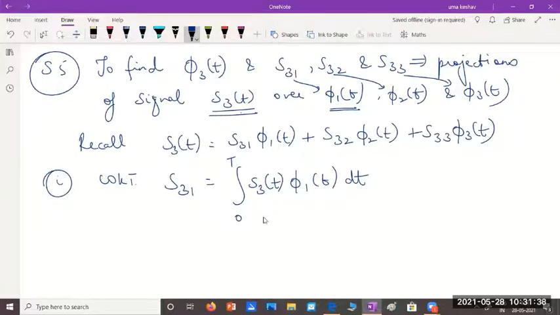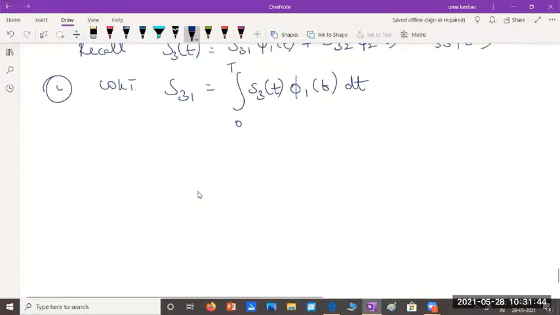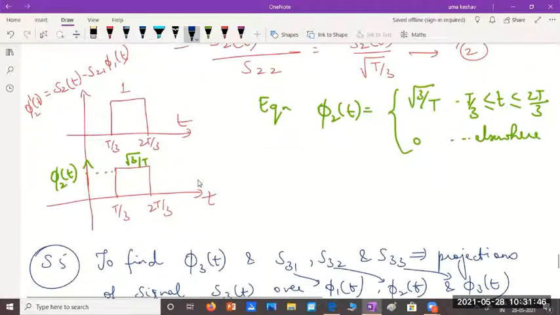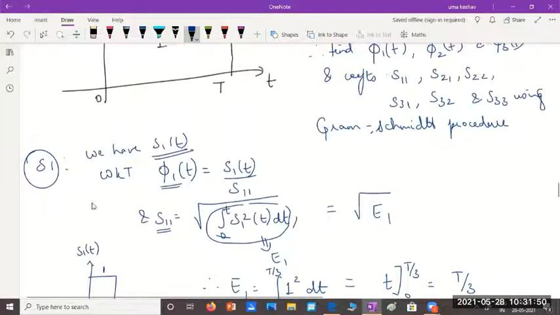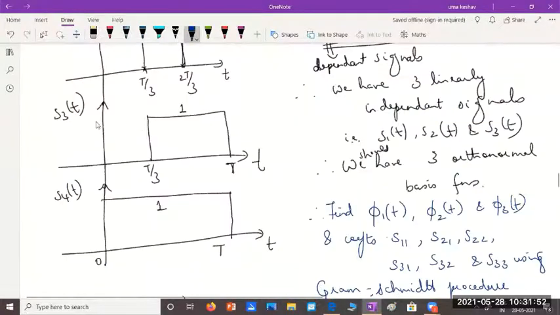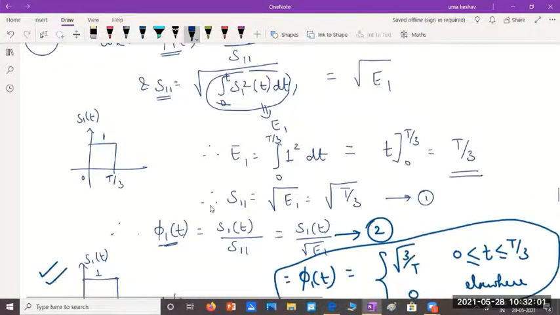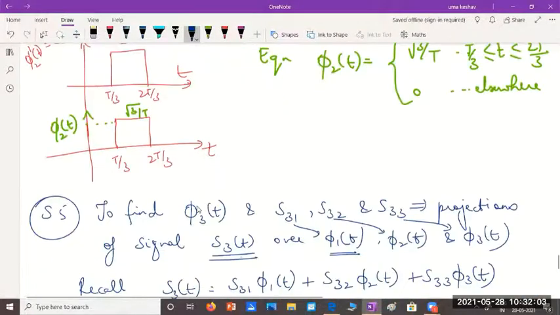That's how we define S31. So let us take the waveforms and let us try to determine these values. Let's see what is S3 of t first. How did we define S3 of t? S3 of t has the value 1 between t by 3 and t, correct? So let me write S3 of t.